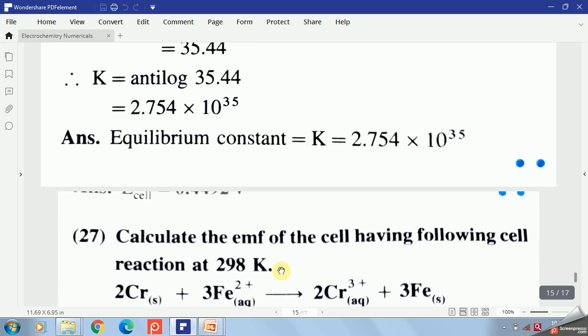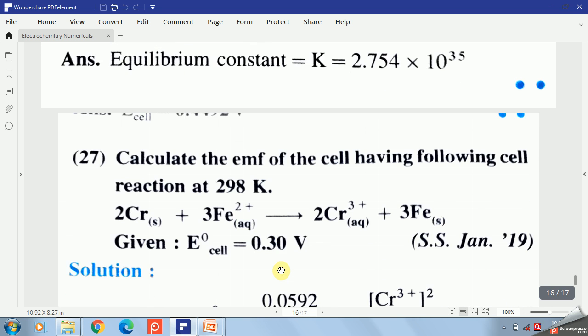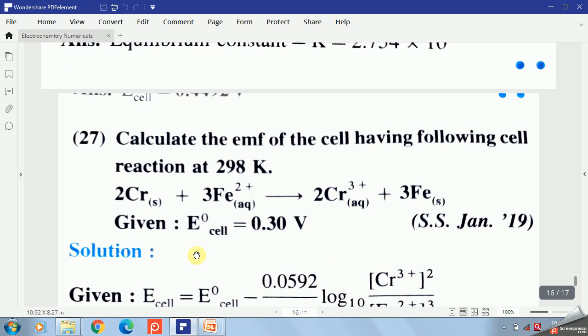Then next is: calculate the EMF of the cell having the following cell reaction at 298 Kelvin. The reaction is 2Cr solid plus 3Fe2+ aqueous gives 2Cr3+ aqueous plus 3Fe solid. This numerical was asked in January 19. Okay, E0 of the cell is 0.30 volt.